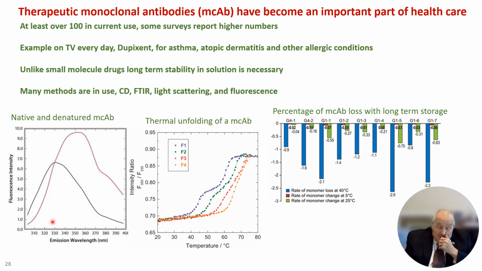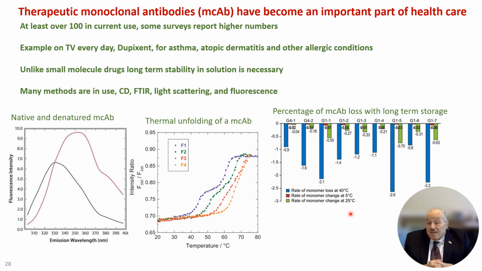So even though I don't have the monoclonal antibody names here, because they're normally a secret, a denatured antibody will have a different ratio of emission of short wavelength to long wavelength emission. You can use this in a thermal test to see how the antibody unfolds, or perhaps more conclusively, you can use this to look at the long-term storage of proteins.